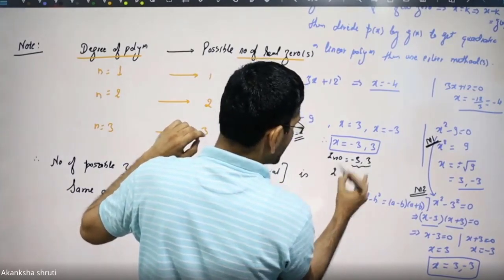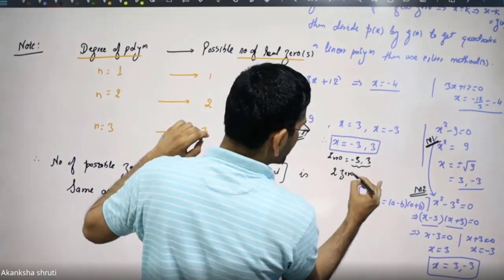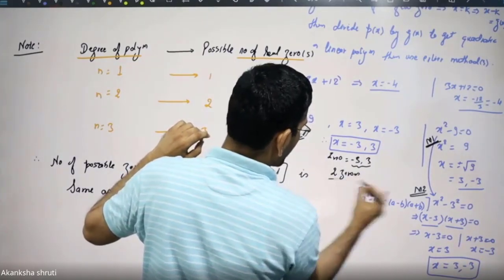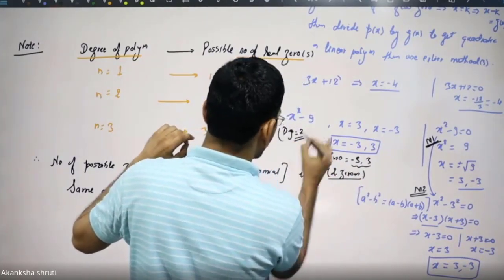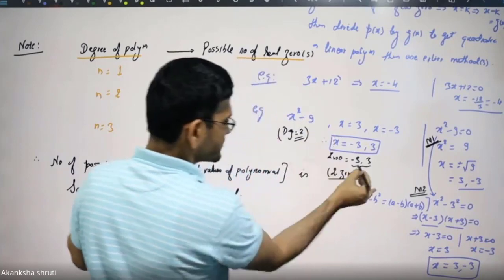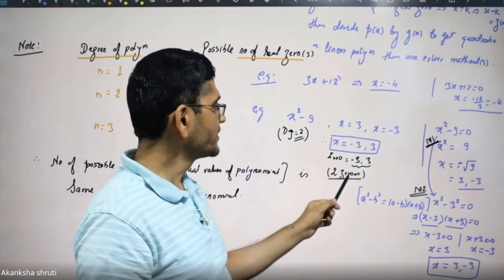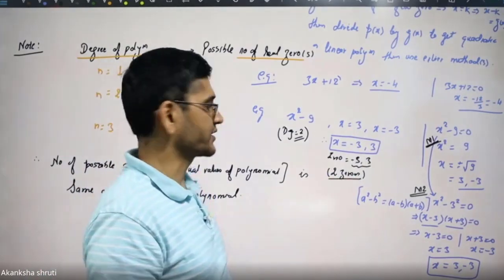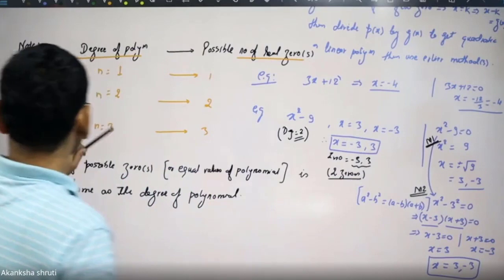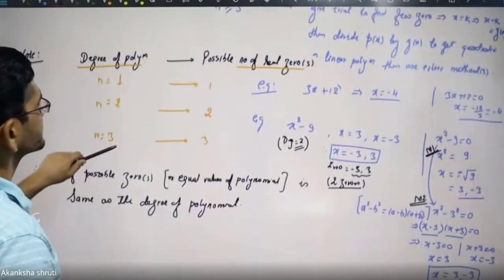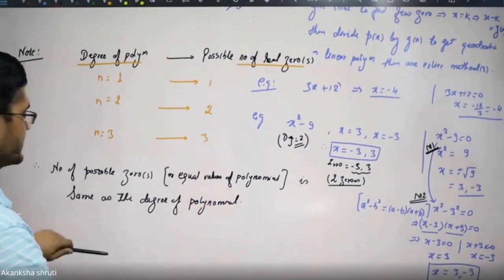So, total 2 zeros. The degree was 2, and the zeros were also 2 in number. It is not the value, it is the number of zeros that we are counting. So it is a very simple thing regarding these zeros. Otherwise there could be confusion.